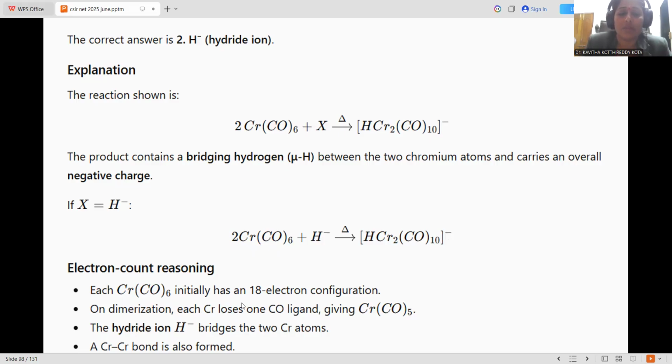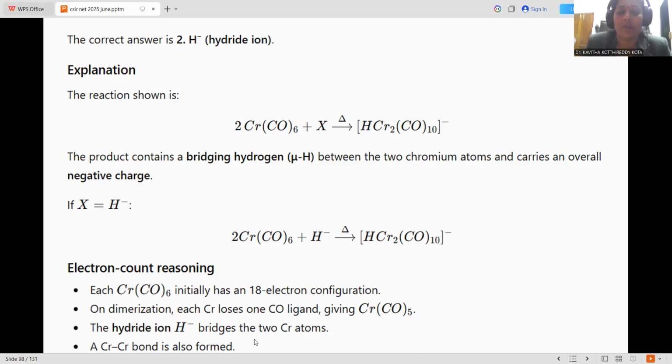During dimerization, each chromium loses one of the carbonyl ligands, giving Cr(CO)5 only. With 2 moles, the requisite product would contain 12 carbonyls, but here we got fewer carbonyls, that is 10 carbonyl groups are present, 2 are lost during the dimerization process. That's the reason one carbonyl is lost per chromium. It becomes Cr(CO)5 only.